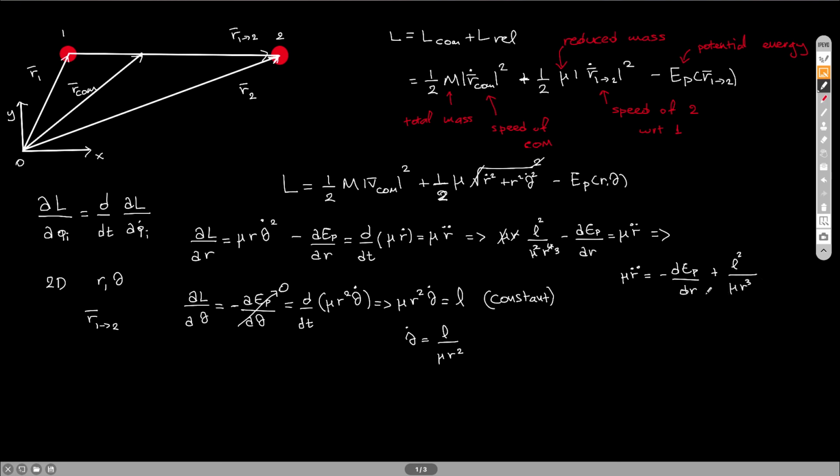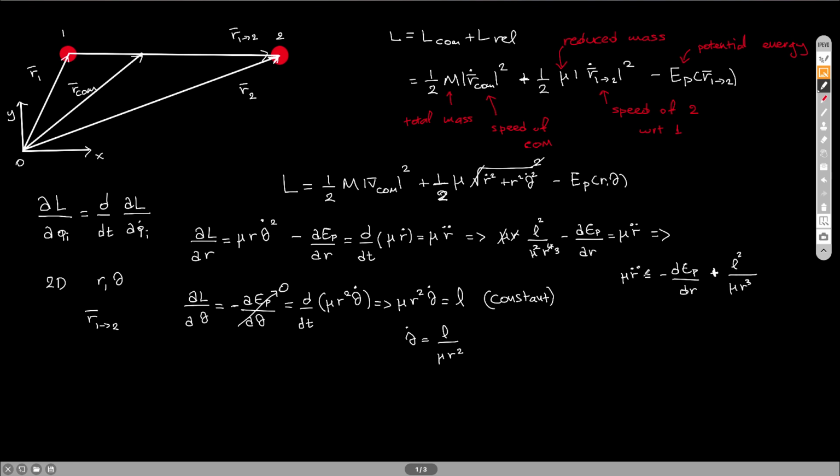Now this expression does remind us of Newton's second law. On the left side I have the reduced mass, not m1, not m2, times the second time derivative of r.